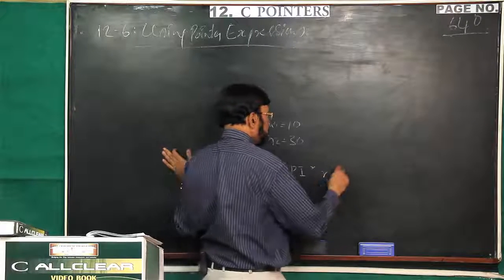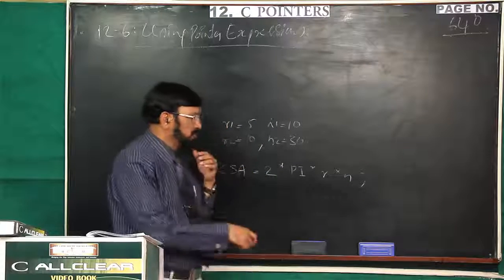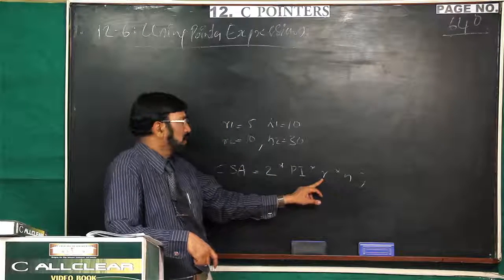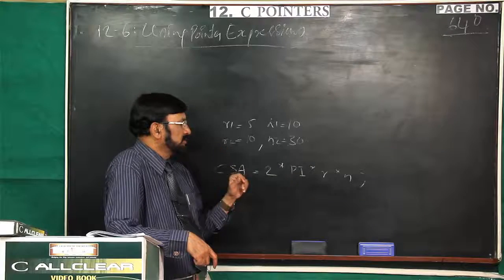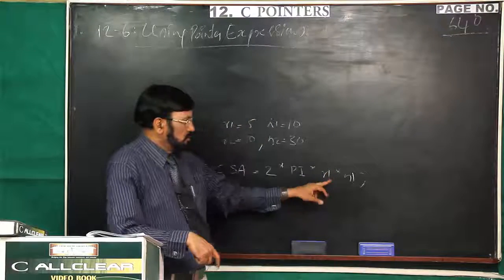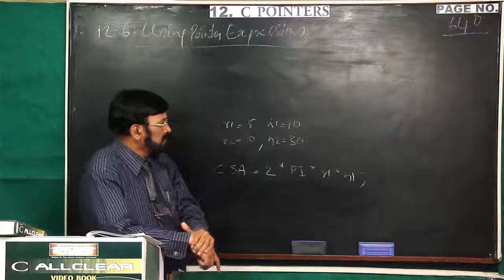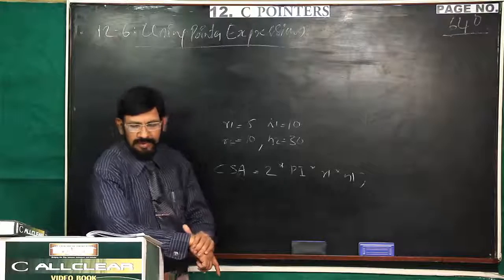This formula is used. Now where you are using R, you use pointer notation. Let us take R1, H1. Use the corresponding pointer notation, H1 also the corresponding pointer notation, and you get the same result.